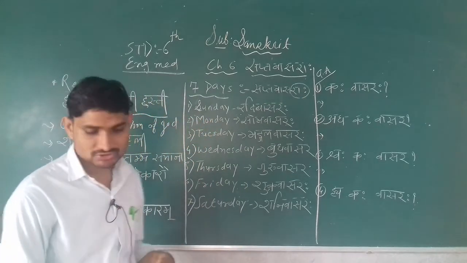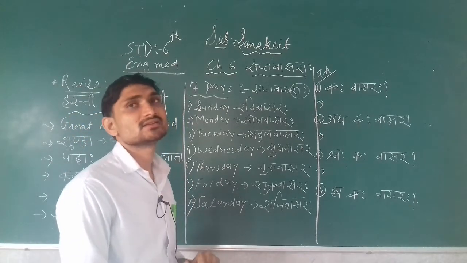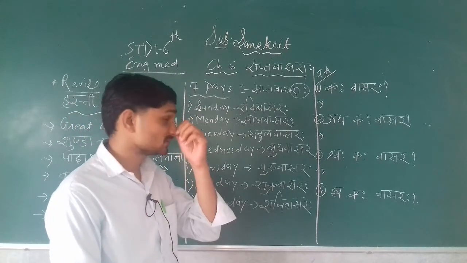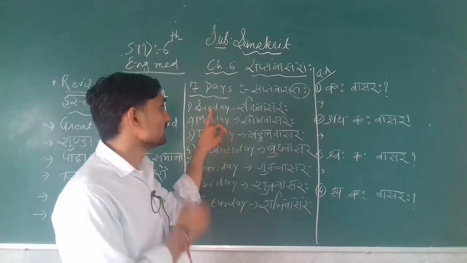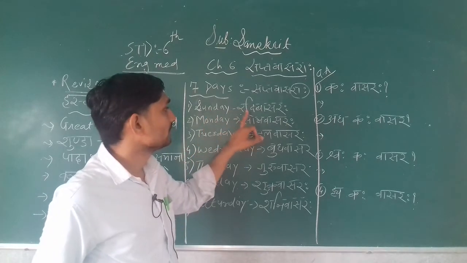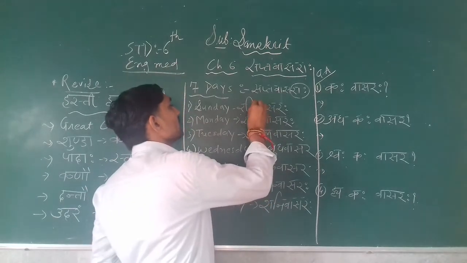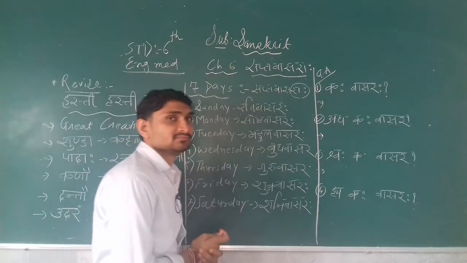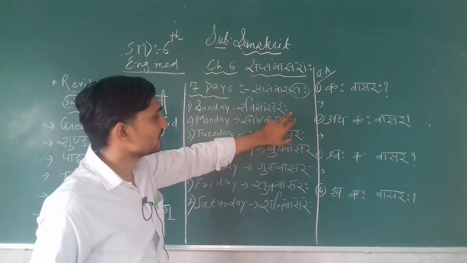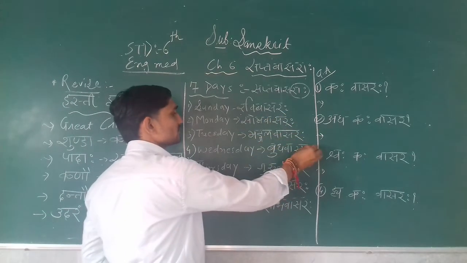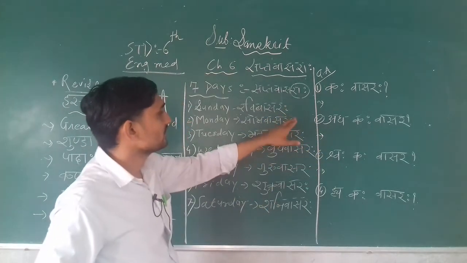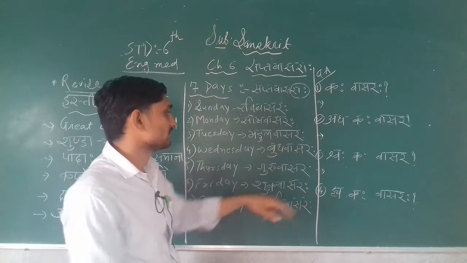Now what will you say for the 7 days in Sanskrit? Pay attention here. Sunday means Ravi Va Sharah. Okay students, Ravi Va Sharah. And see here the Visarg; everywhere you can see Visarg. Why Visarg, students?